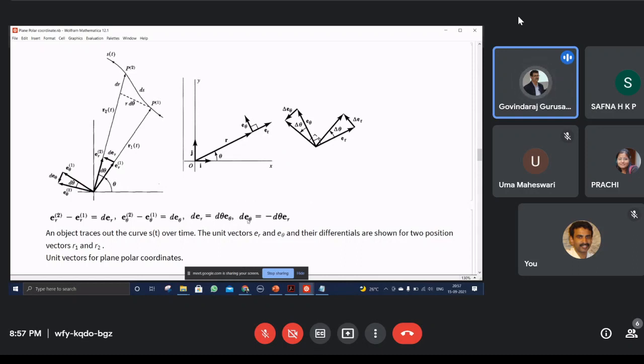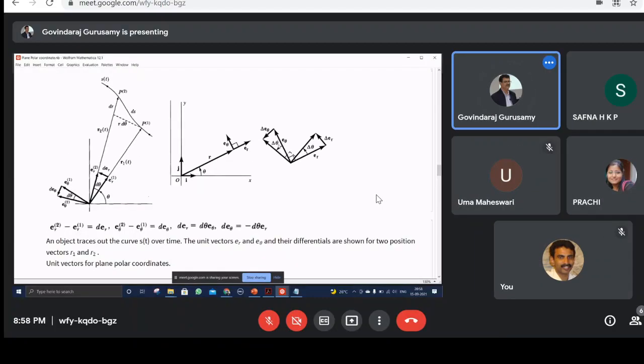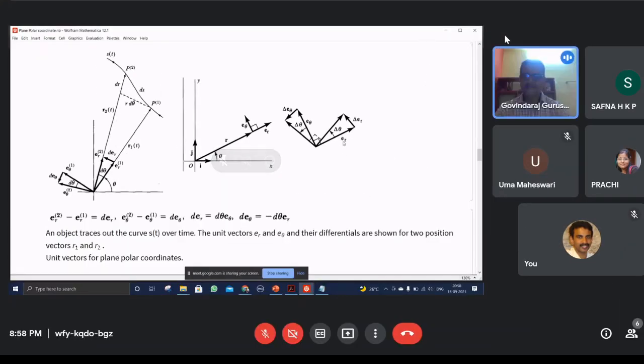So DER, you have d theta in terms of these, and you can see here the direction of R along this, then theta along this. Similarly, you can see the del ER, del E theta. The unit vector changes. This is the unit vector change, and you connect it to this length.